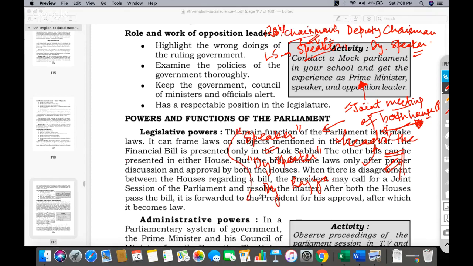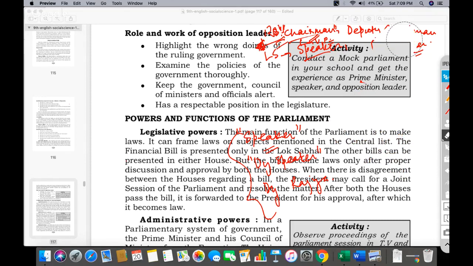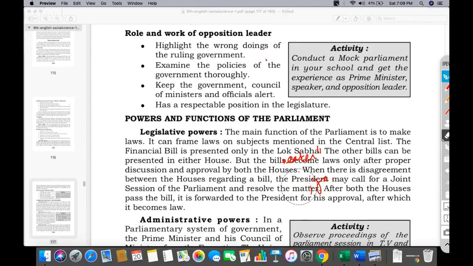Even if all three of them are not there, the chairman cannot head this meeting, because I already discussed with you that the chairman is not a member of any house, so he cannot be the head of a joint meeting of both the houses.